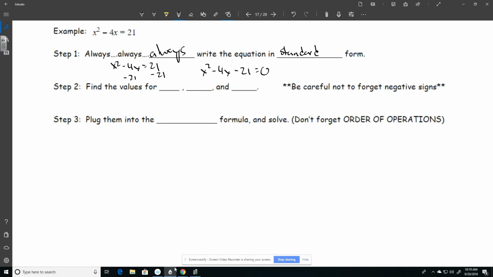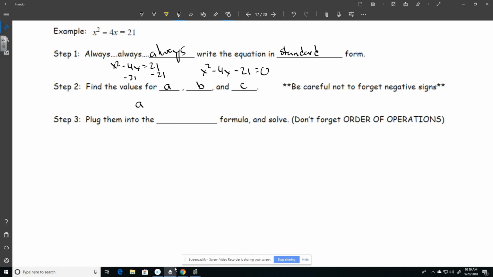Now, one of the ways to solve this is to factor it and set those parentheses equal to 0. But for those of you that don't like to factor or aren't very good at it, this is another way of doing it. So step 2, we find the values for a, b, and c. And we're going to be really careful not to forget the negative signs.